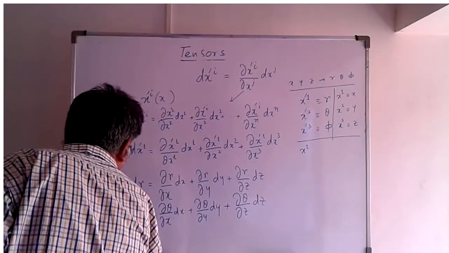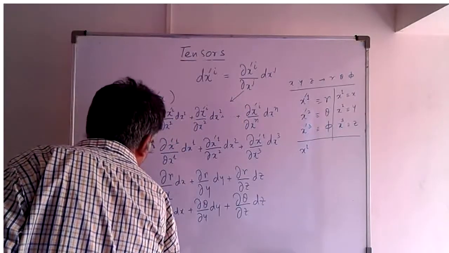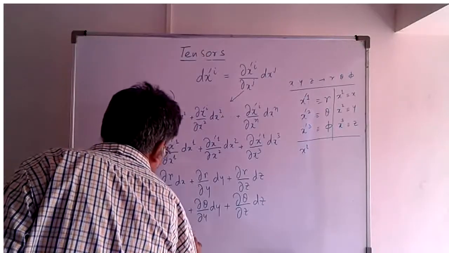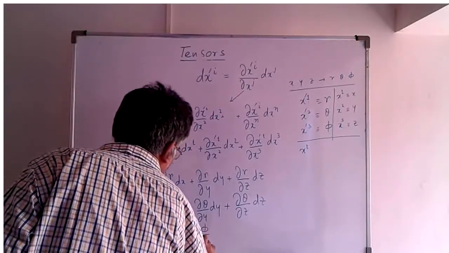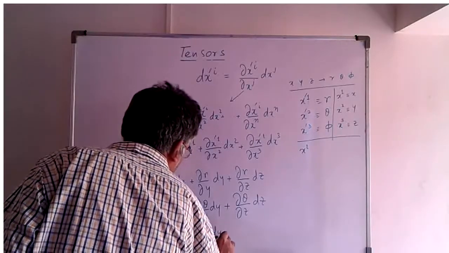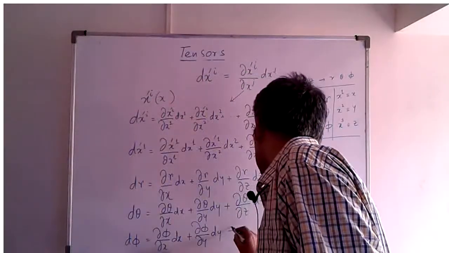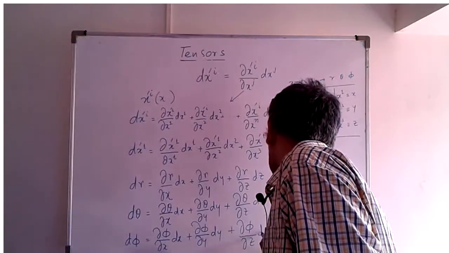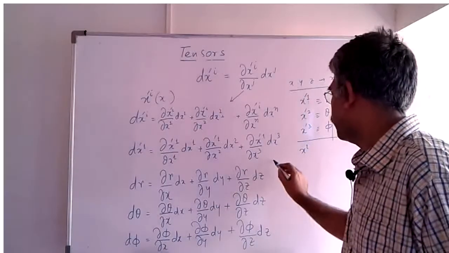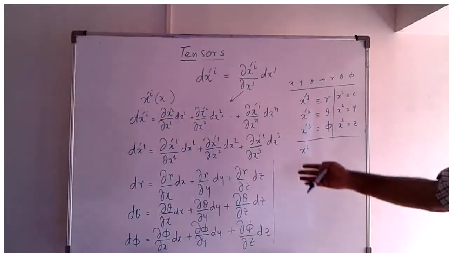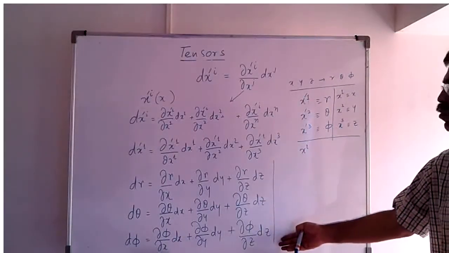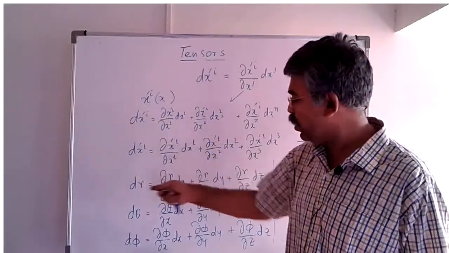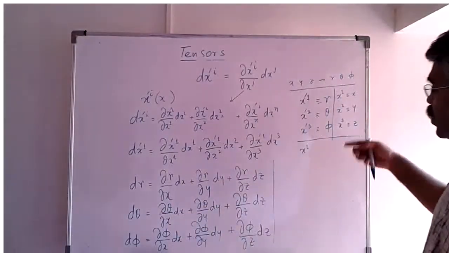And d phi will have del phi del x dx plus del phi del y dy plus del phi del z dz. Here, this is the relation. Then for free index i equal to 1, 2, 3, you will have this relation. You can have just the other way around.